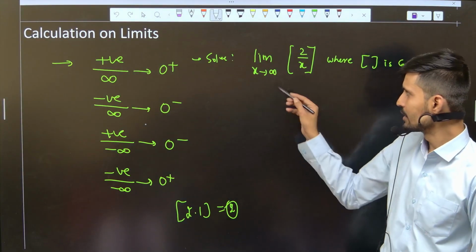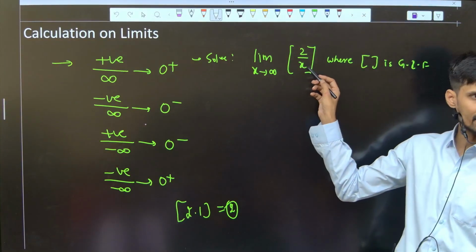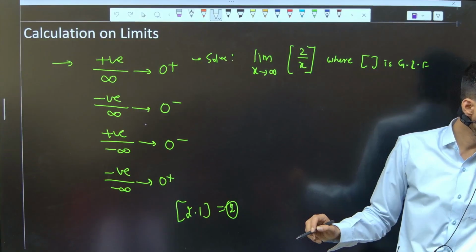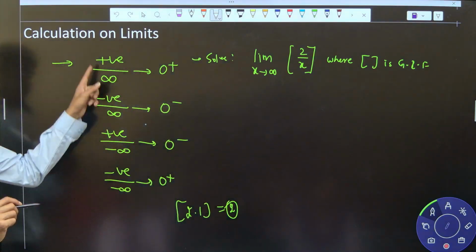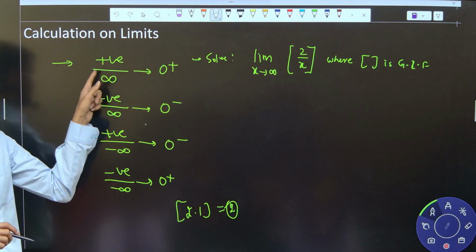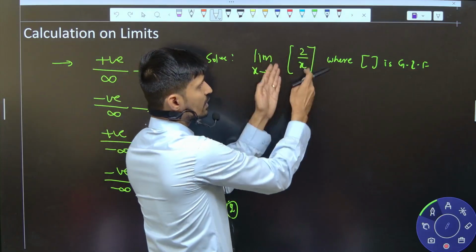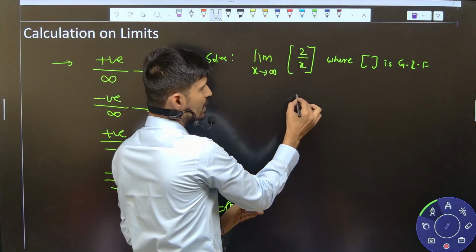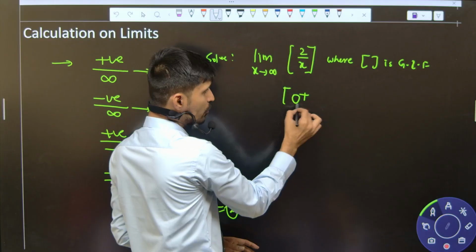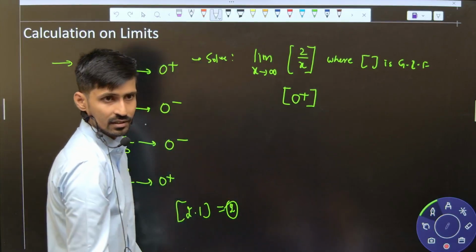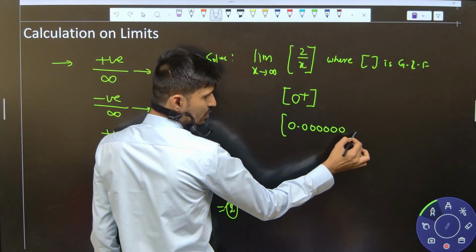Okay, now see this. What is x? x is infinity. So 2 by infinity. What is 2? A positive number. Positive number by infinity, what will come? 0 plus. Suppose this bracket is not there, the answer will be 0 plus. And if I put the greatest integer over there, it is actually representing 0.000000001.